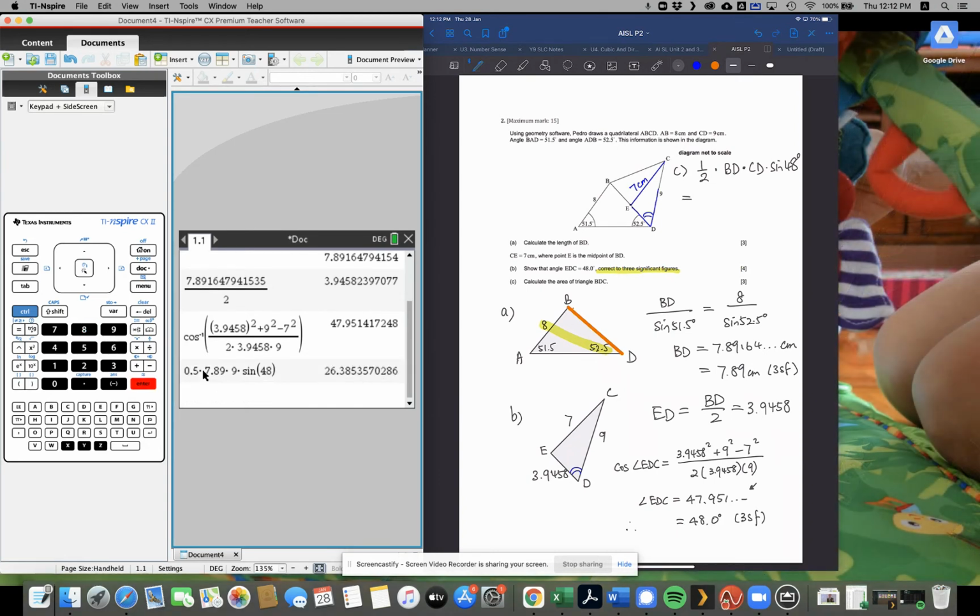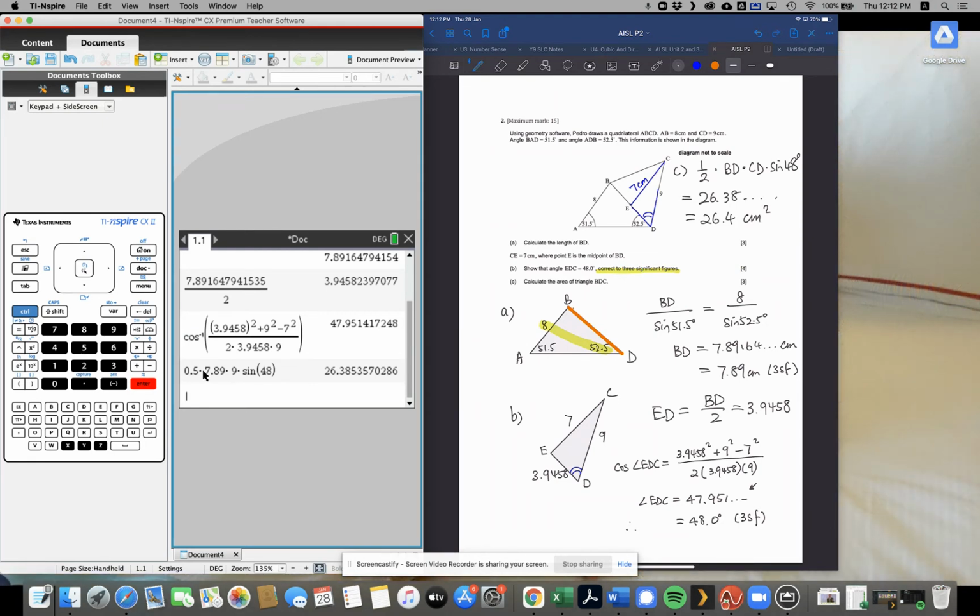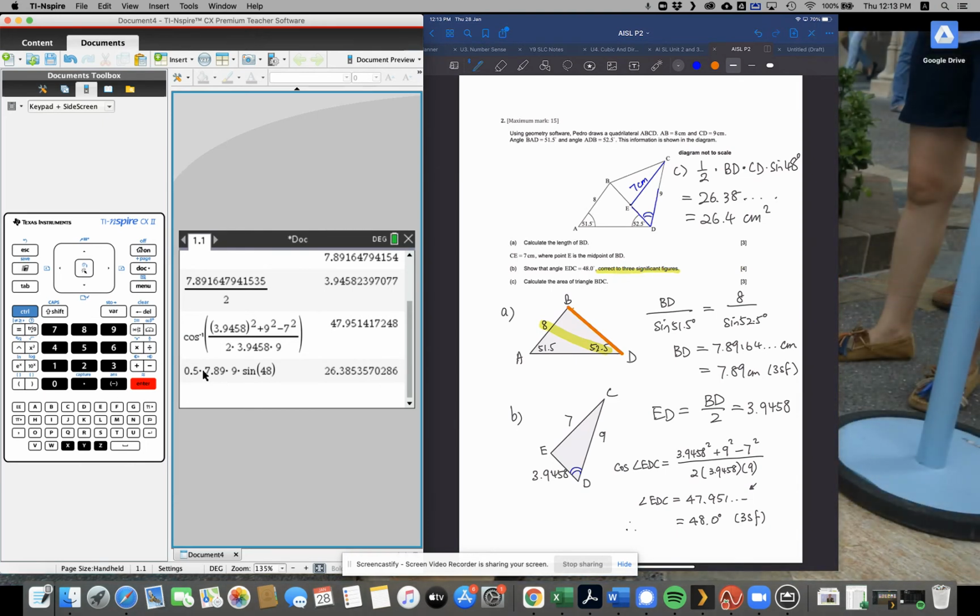This is the area, 26.38 something, and round it up to 3 significant figures. You should have 26.4 centimeter square. So that's question 2, part A, B, and C.